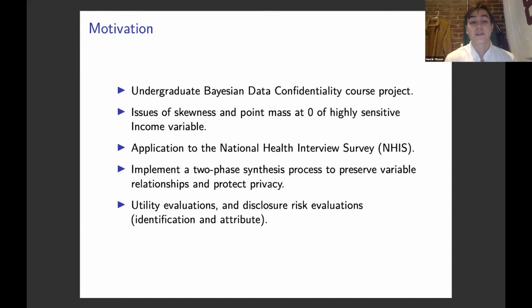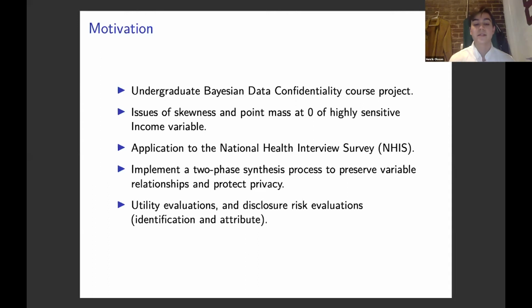As a brief introduction, Kevin and I were in a Bayesian data confidentiality senior seminar in our undergraduate studies at Vassar College. In this seminar, we completed a project where we applied our learnings in Bayesian data confidentiality and created synthesis models. As we were looking through public data sets, we found that many variables such as income were highly sensitive due to issues of skewness and point mass at zero.